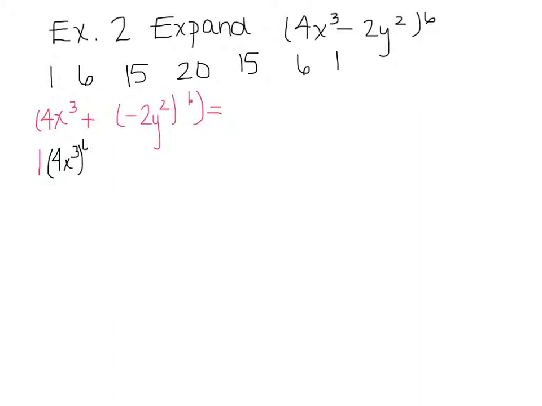I'm going to raise that to the 6, and my second term I'm going to raise to the 0 power. Plus, pick up my next coefficient. This is to the 5th power now, and my second term is to the 1st power.